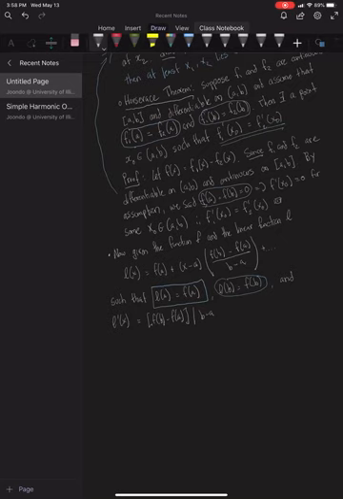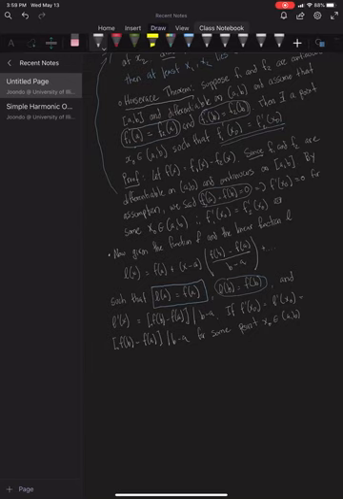So if f prime of x naught is equal to L prime of x naught, which is equal to f of b minus f of a over b minus a, for some point x naught in AB, right?